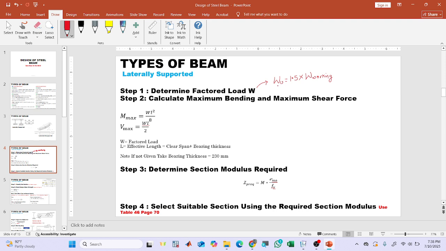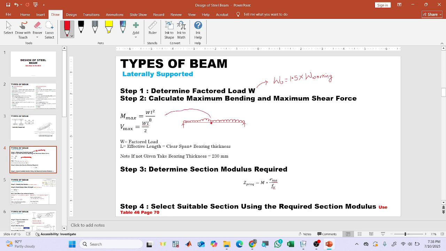After calculating this factored load, we will calculate the maximum bending moment and maximum shear force occurring at any section. If the loading acting is a UDL, then the maximum moment will be WL squared by 8, which will occur at the center, obviously.